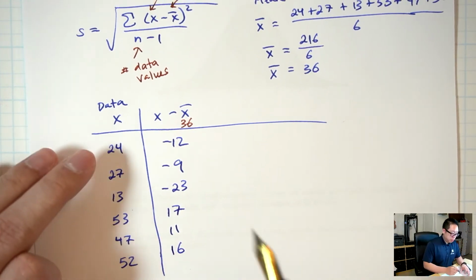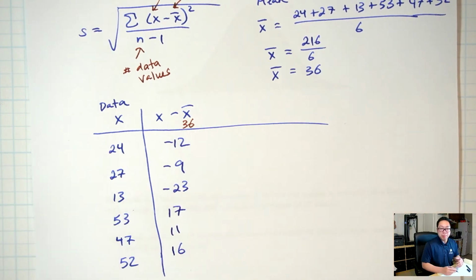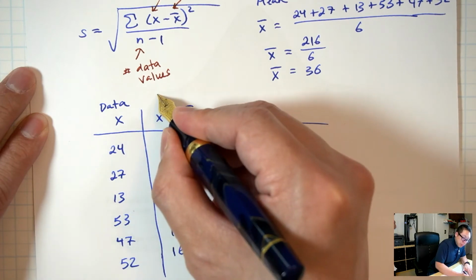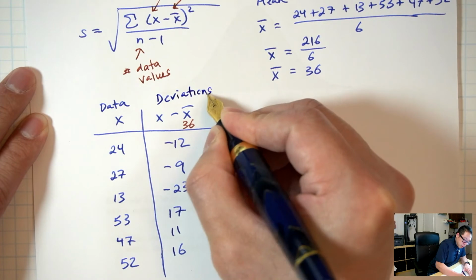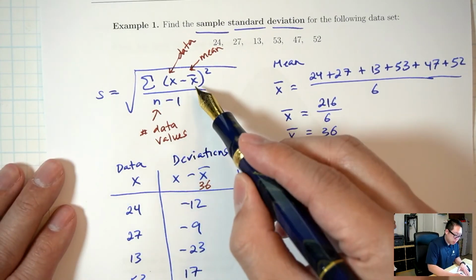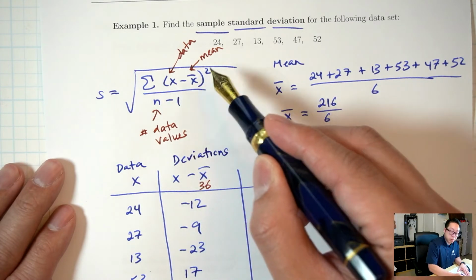Okay. So remember, whenever you take the data and subtract the mean, that's really just the deviations, right? So this is just a complicated way of saying find the deviations. So we just did x minus x bar. The next thing is square our answers.